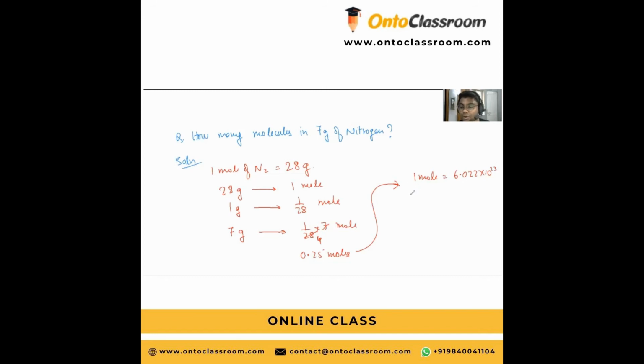Now if I have 0.25 moles, then I will have how many? I will have 0.25 into 6.022 10 to the power 23 molecules, which is equal to about 1.5 into 10 to the power 23. 1.5 10 to the power 23 molecules.